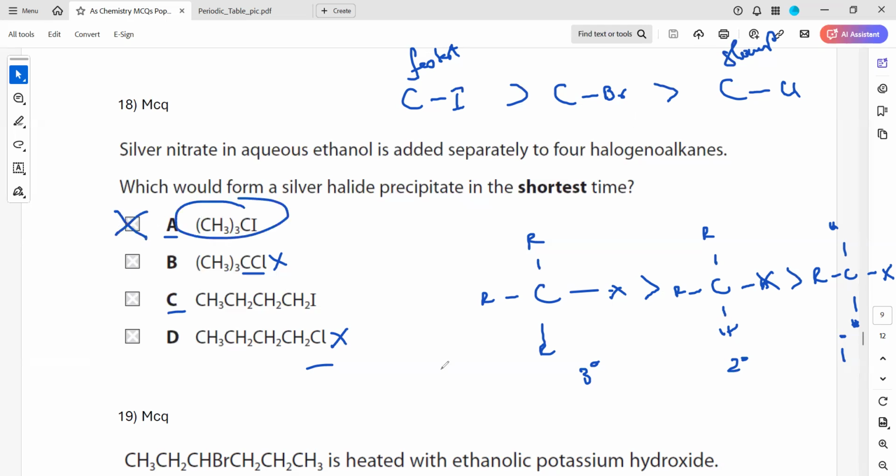So that's why A will be the right answer. A will take the shortest time to react, because the carbon iodine bond is weaker as compared to the carbon chlorine bond, so it can easily break down. And if it is a tertiary halogenoalkane, as it breaks down, it will produce a more stable carbon cation. That's why it will break down easily.